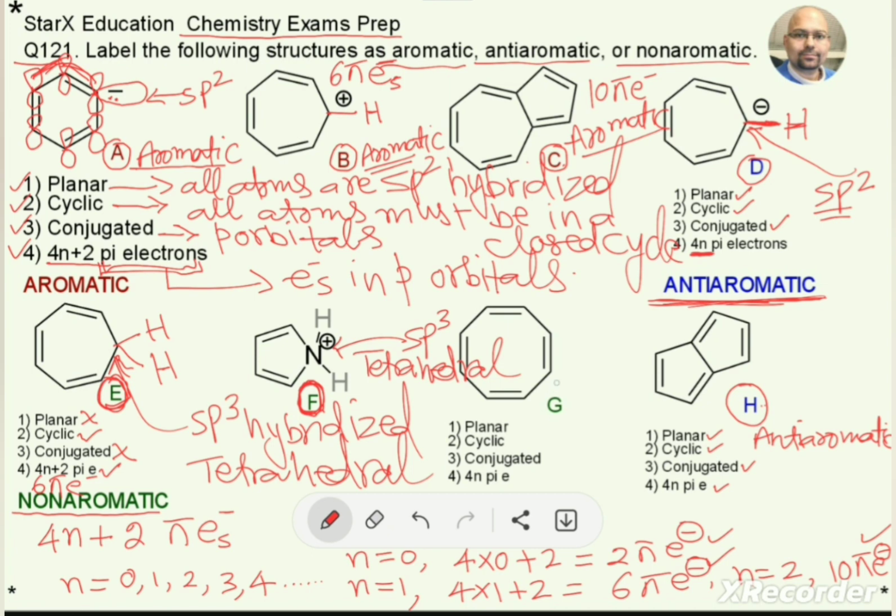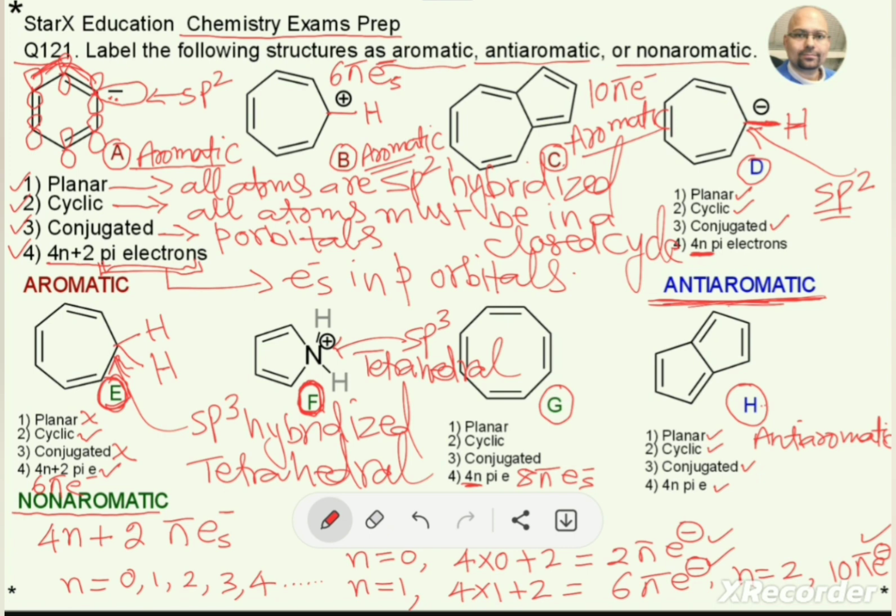Now G is cyclooctatetraene. There are 4 double bonds here, and 4 double bonds means that it's got 8 pi electrons. So it has 4n pi electrons, meaning 8 pi electrons. So if everything else checks out, then this should be classified as an antiaromatic compound. However, this is not antiaromatic.